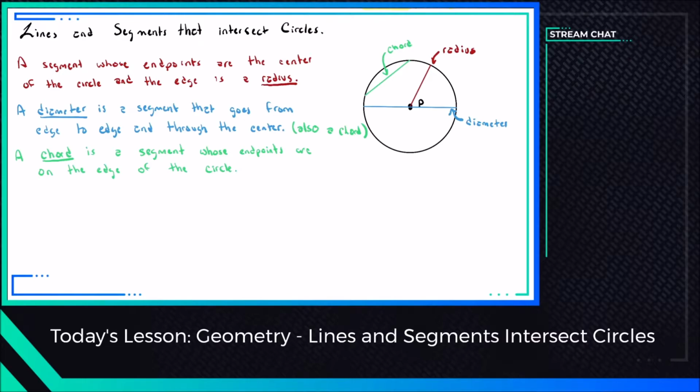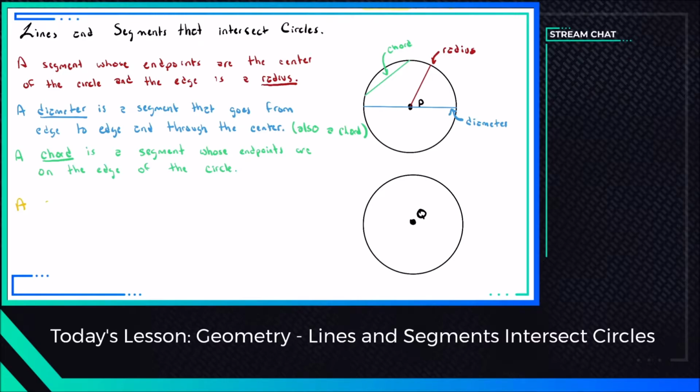All right, we're running out of room here on this first circle, so why don't we draw another circle? That's definitely not a circle. There we go. Here's another circle. It doesn't matter what we call this one, so we could call this circle Q. And we're going to define two final words. The first one being secant.